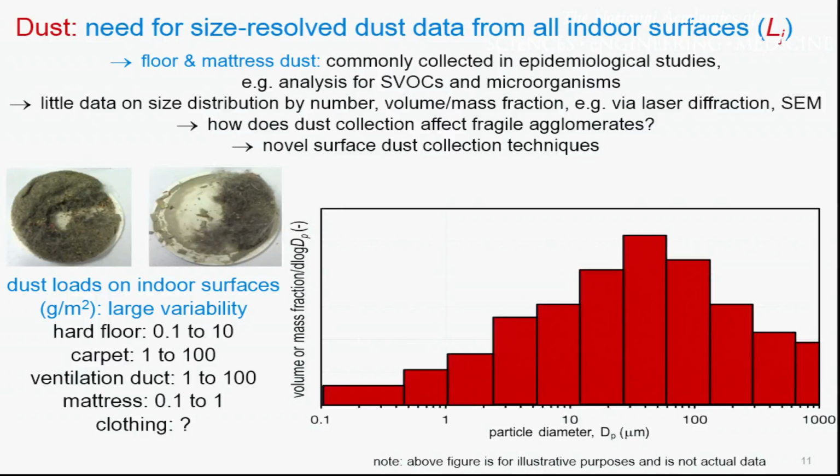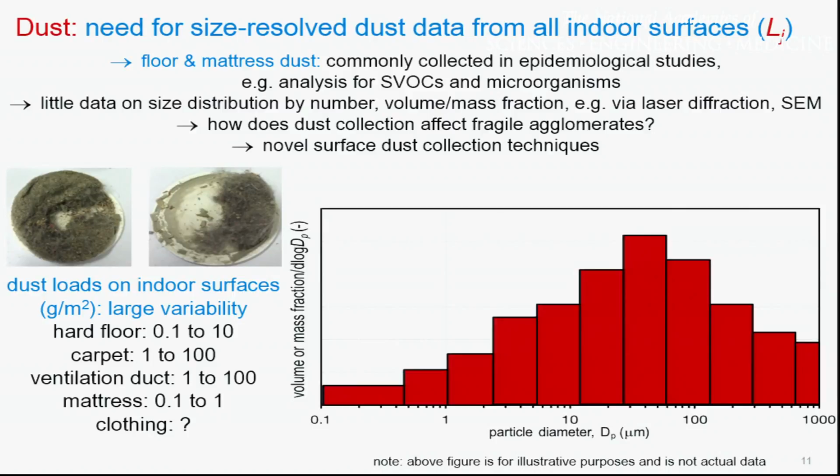This can be done with various techniques, laser diffraction using an instrument called a Mastersizer, or microscopy. But getting information about the size of these particles within the dust deposit will help us improve our mechanistic understanding of resuspension, as this is an important parameter in the material balance model: the size-resolved surface concentration of dust particles.